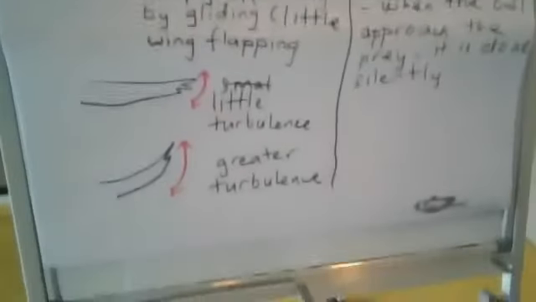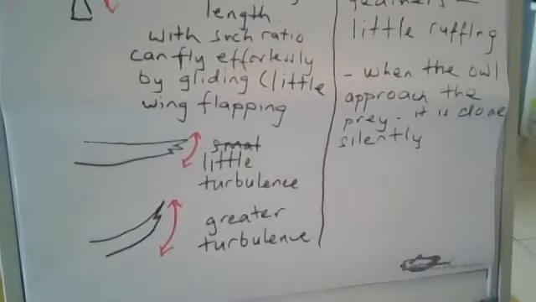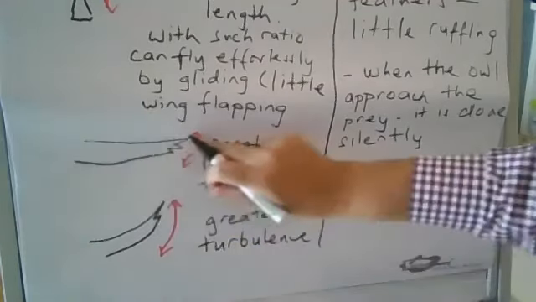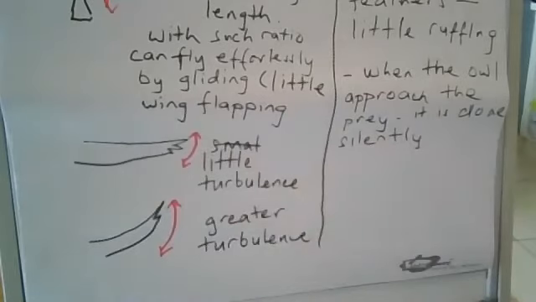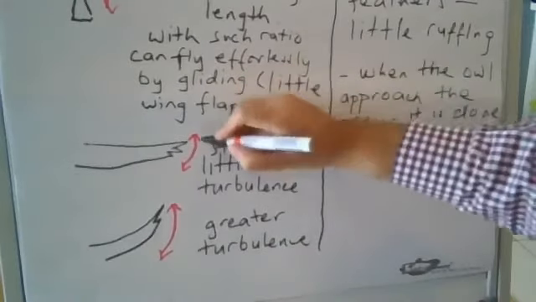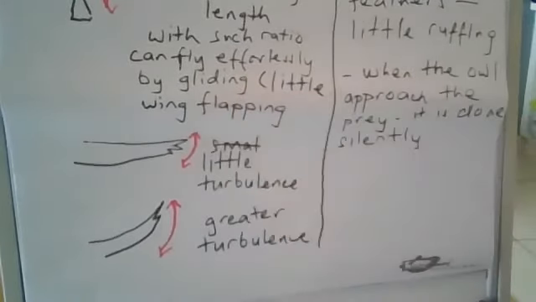Look at the wing flap. Because the wingspan is so long. It has a long wingspan. So you look at the wingtip here, it doesn't have to flap so much. So as a result, the consequence is little air turbulence.